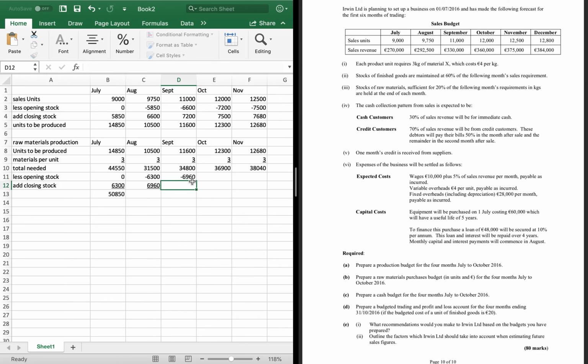Then for September, it's 20% of 36,900, which is 7,380.